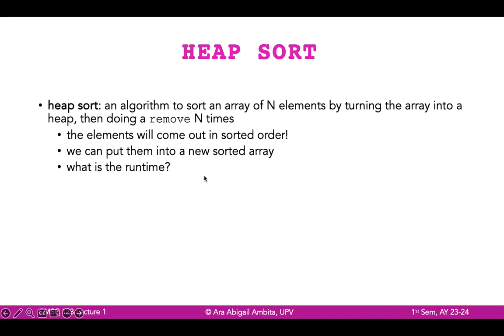So what we can do is every time we remove the root, because that's the minimum, and after removing that root, rebuild the heap, fix it, and then remove the min again, and so on until we have checked all the possible nodes. So essentially, every time we remove a min, we can put it in a new sorted array.